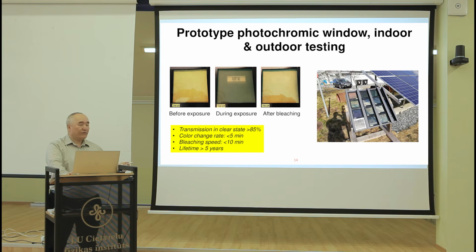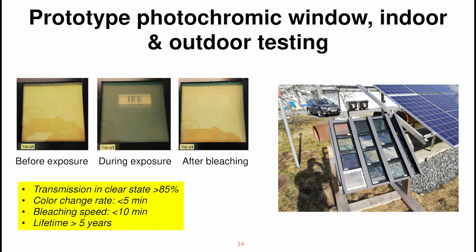It is in a climate chamber, where the temperature of the environment will be tuned and the illumination intensity will be tuned. When that process is finished, then outdoor testing should be performed as well. For outdoor testing, one can create a site for installing the prototype windows, or better, a demonstration house.